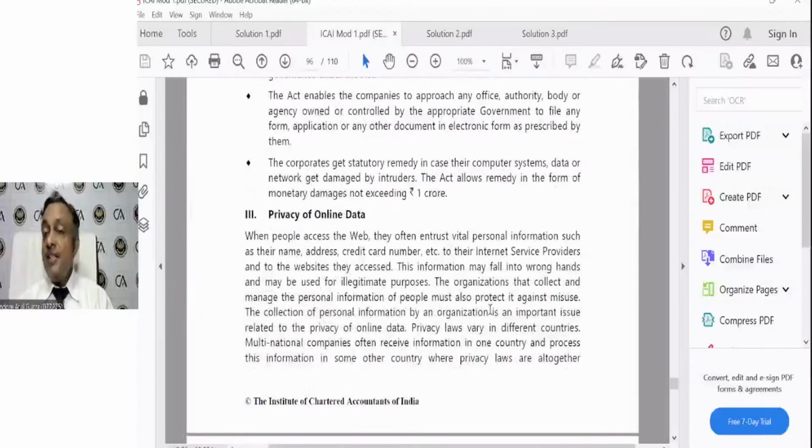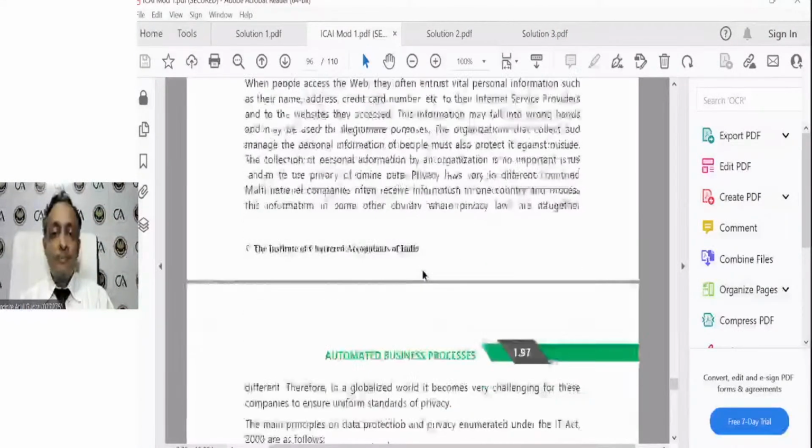Then privacy, yes, this is a growing topic. Data privacy, in fact, all across the world today, data privacy is one thing that everyone is talking about. So privacy of online data, very, very important.